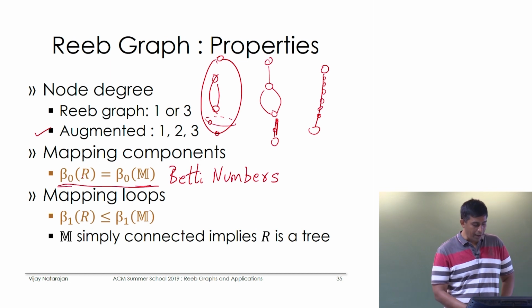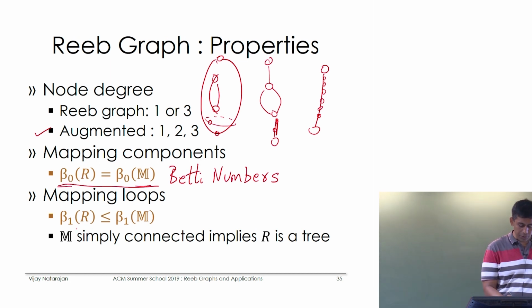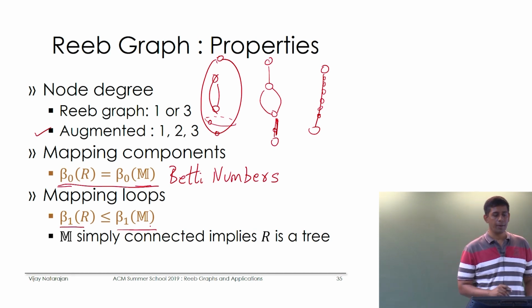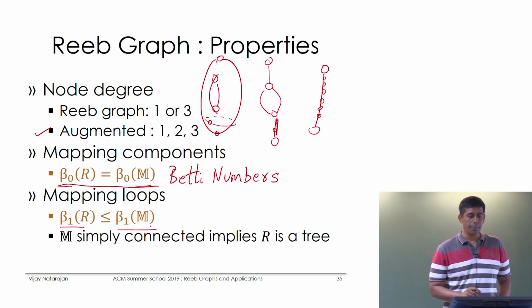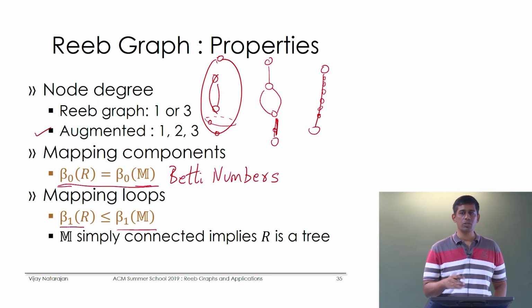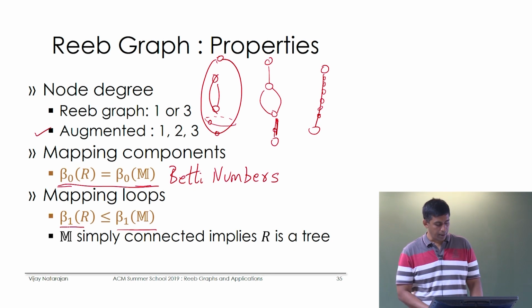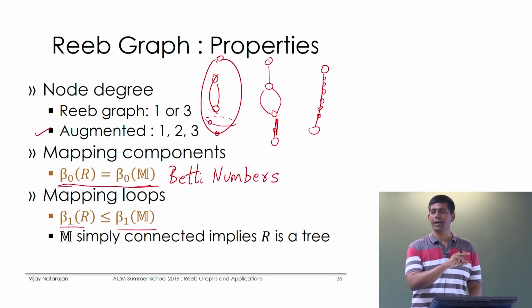And in fact, you have this relation which follows from the same argument. Beta 1 actually counts not connected components, but the number of cycles or loops, tunnels. Remember, we are mapping connected components to connected components.